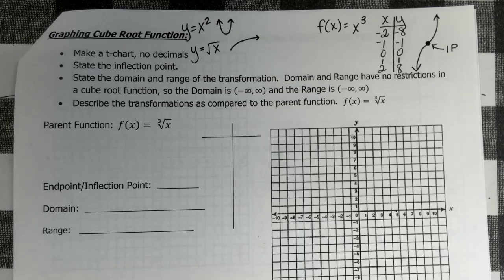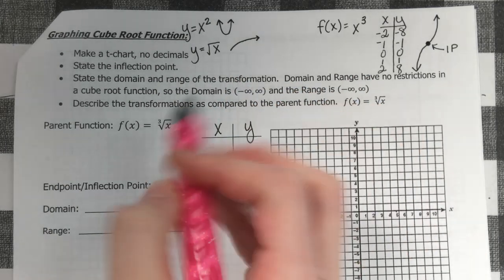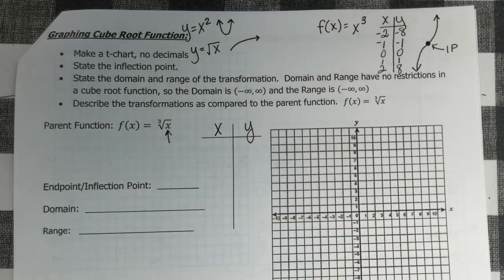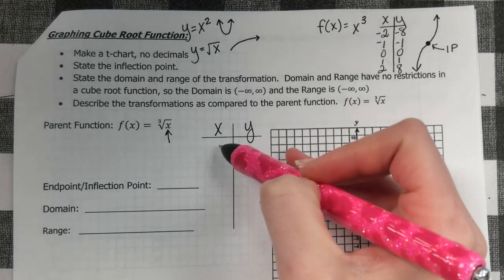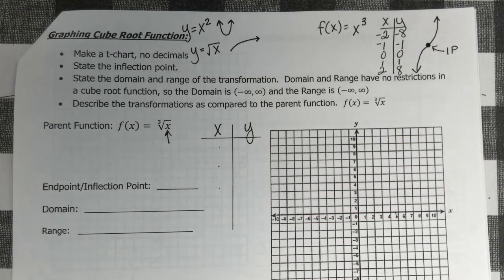Okay. So when we are looking at our x values, when we plug something in, we have to be able to take the cube root of that. So would it make sense for this one to have -2, -1, 0, 1, 2 when you take the cube root? No. Instead, what would I have? Can I take the cube root of a negative?